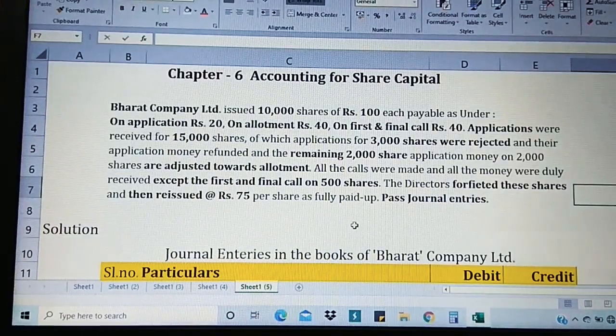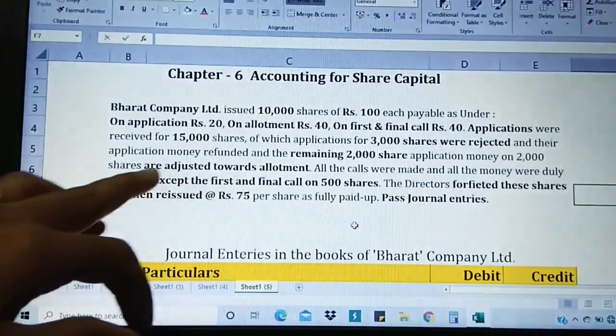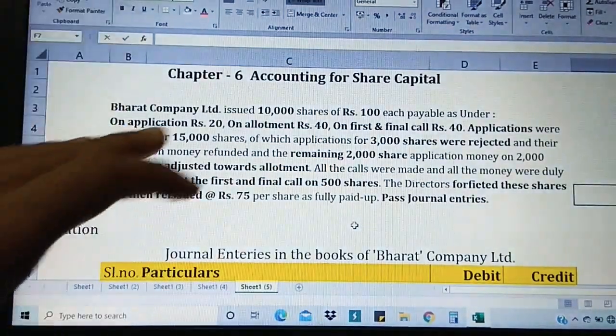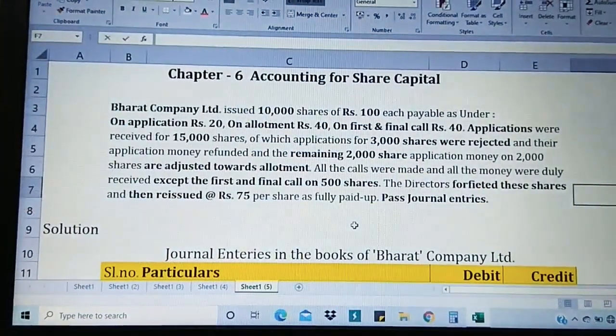Of which applications for 3,000 were rejected, and the company refunded that application money, and the remaining 2,000 shares' application money is just the same. The instruction here is just to put us into confusion.